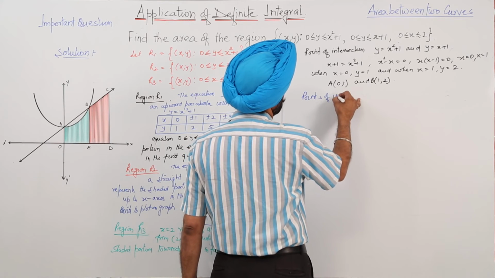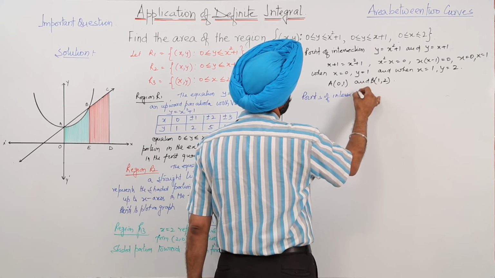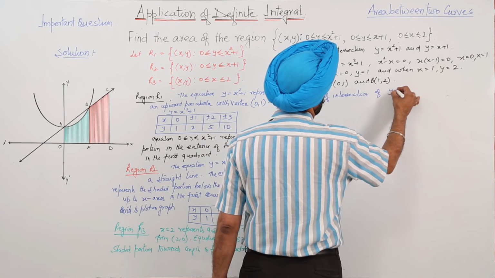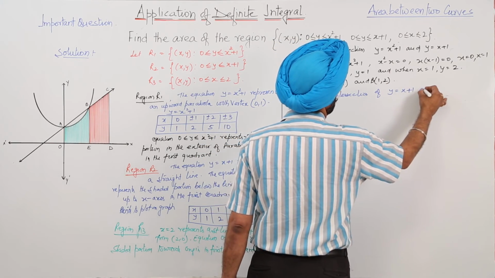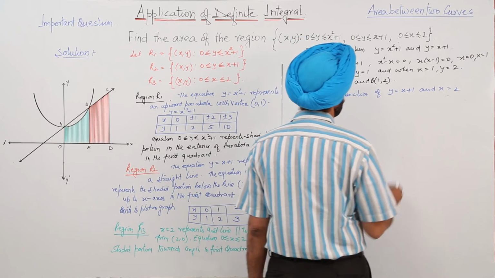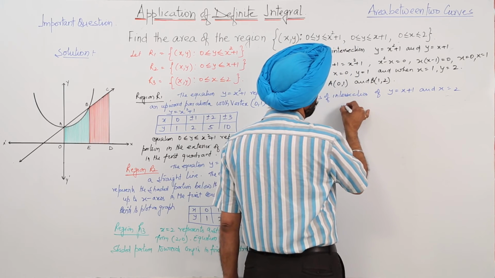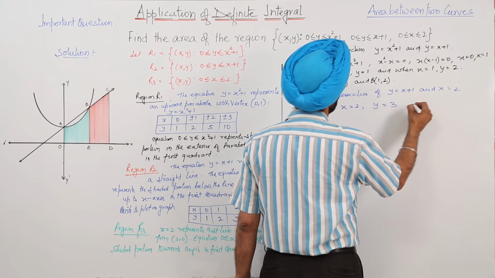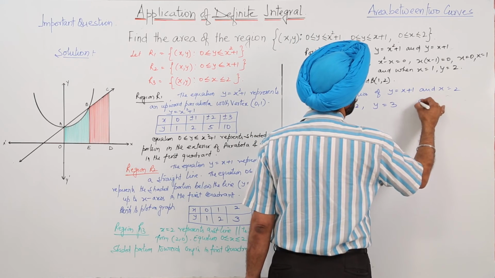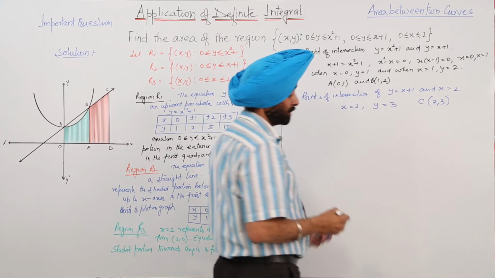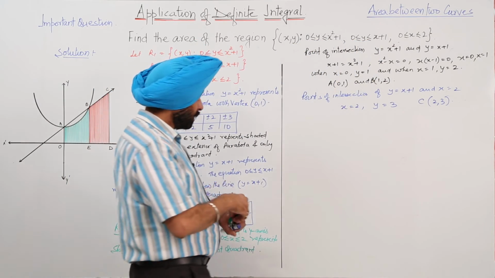Now the point of intersection of y is equal to x + 1 and x is equal to 2. So when x is equal to 2, y is equal to 3. So the coordinates of point C are (2, 3). Okay. Now I am going to write it.